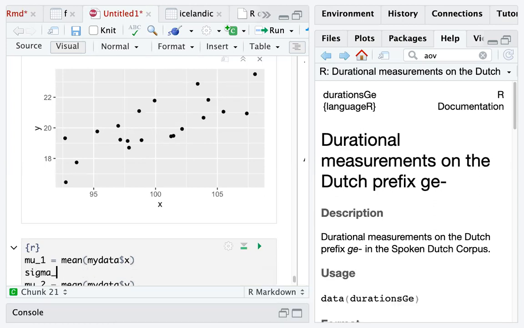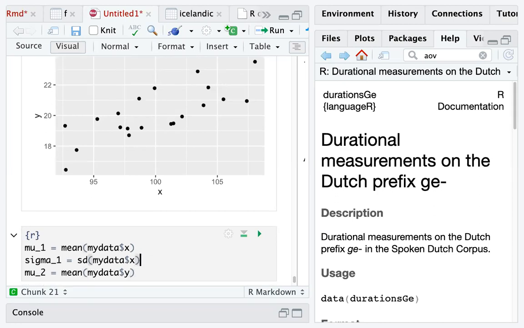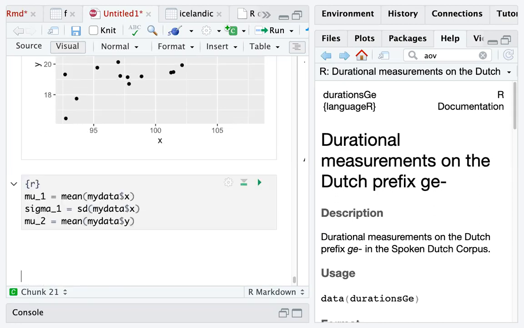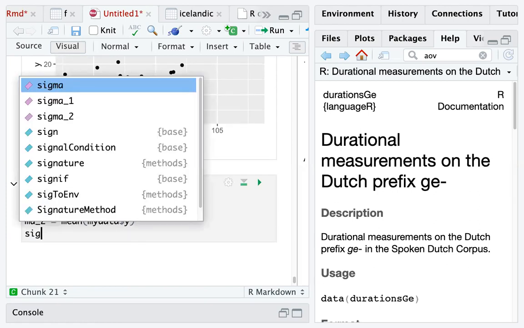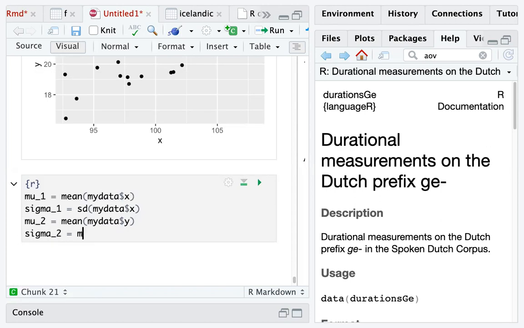So sigma 1 equal to the standard deviation of my data x, and sigma 2 equal to the standard deviation of my data y.